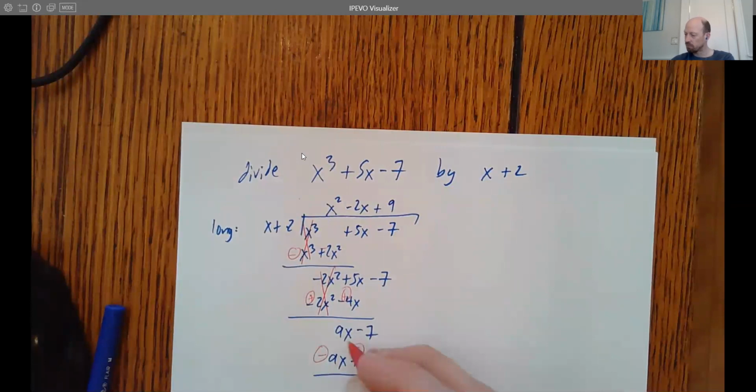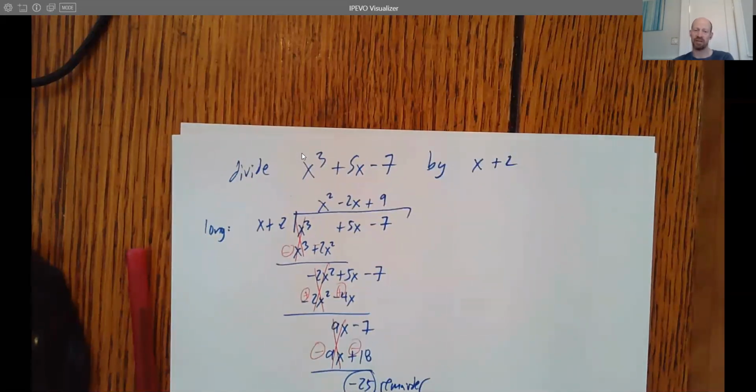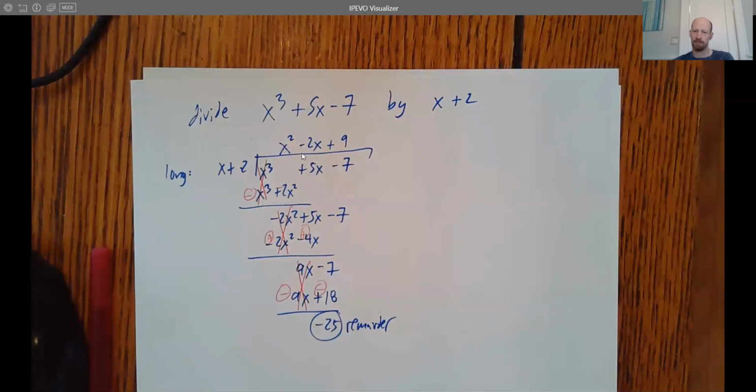Change the signs and cancel. That gives me minus 25, and that's my remainder. So x plus 2 wasn't a factor of that, because there's something left over, a remainder.